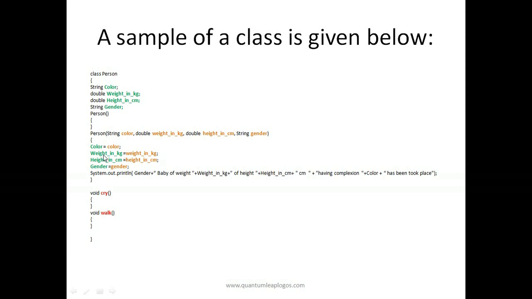And this is an attribute. How are we giving values to these parameters? Here the green color is an attribute of the class, and the orange color is a parameter of the constructor Person.